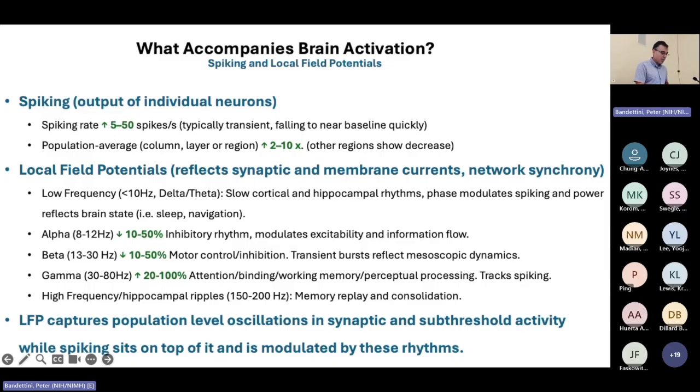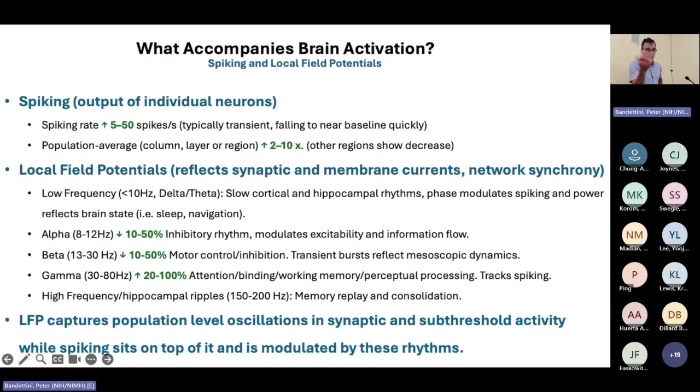Beta frequencies, 13 to 30 hertz, also typically go down, and they are involved with motor control. Transient bursts reflect mesoscopic dynamics, like intermediate length dynamics.